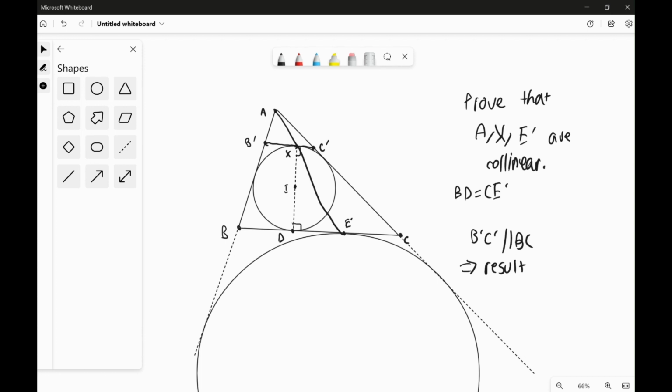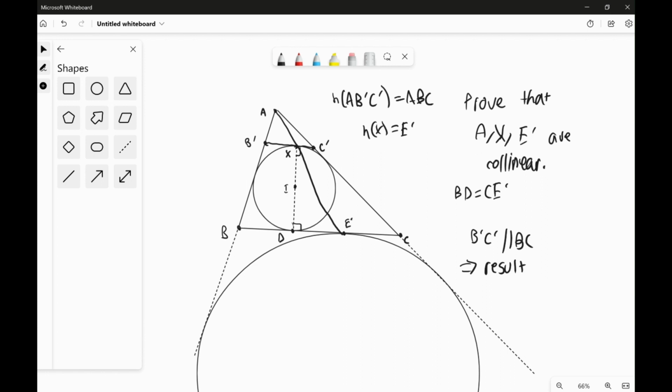And then we have that a homothety maps triangle A B prime C prime to ABC. And since X and E have the same definitions with respect to each triangle, X circle tangency point and X circle tangency point, we have H of X is equal to E prime.